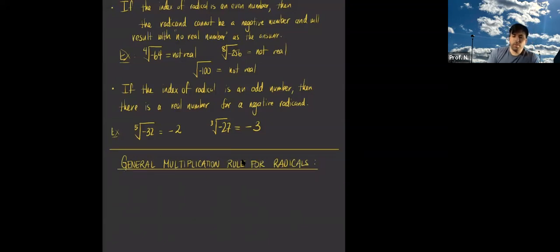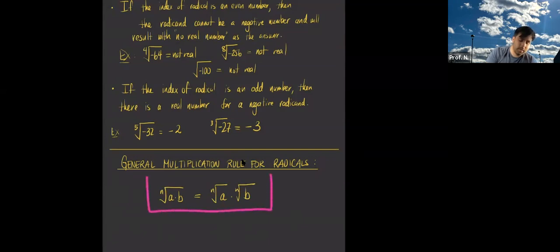The general rule for radicals is if I have the nth root of a product, then I can rewrite this as the nth root of one of them multiplied by the nth root of the other. And we've been noticing this in some of our work that we've done. We just split up the radicals whenever you multiply them. It's only under multiplication, not with addition.